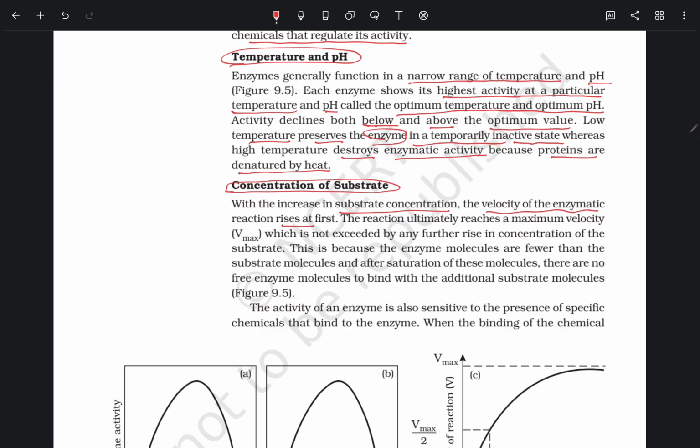The reaction ultimately reaches a maximum velocity, Vmax, which is not exceeded by any further rise in concentration of the substrate. This is because the enzyme molecules are fewer than the substrate molecules, and after saturation of these molecules, there are no free enzyme molecules to bind with the additional substrate molecules.